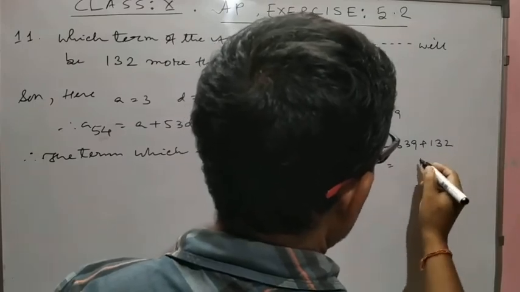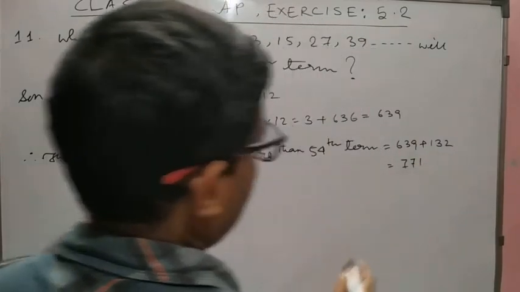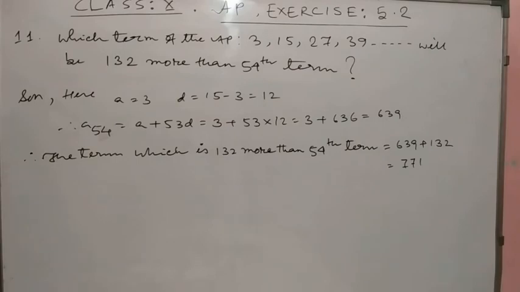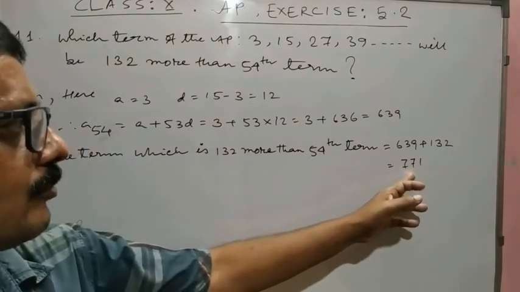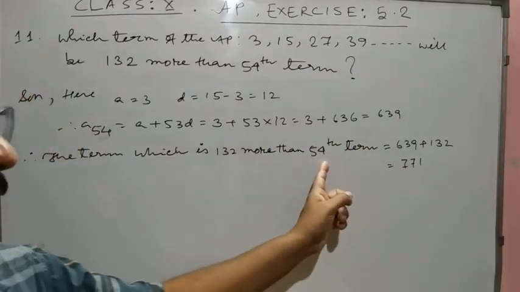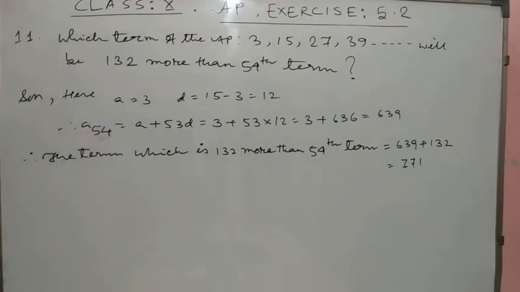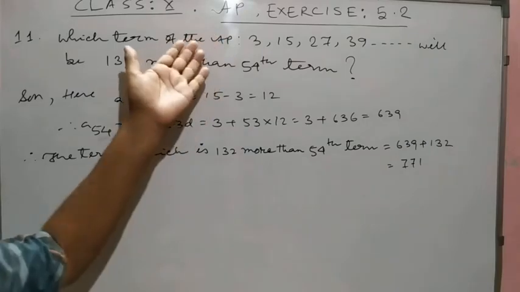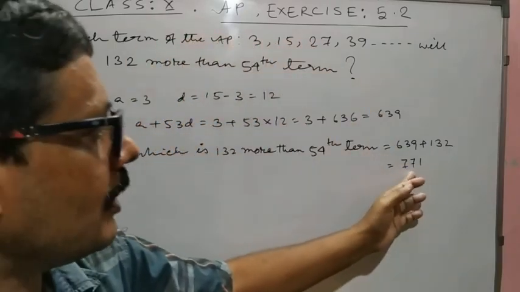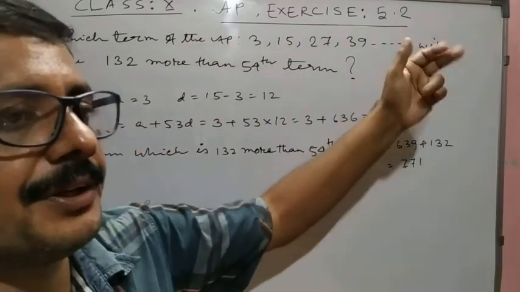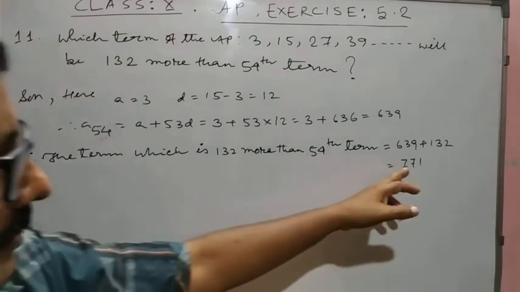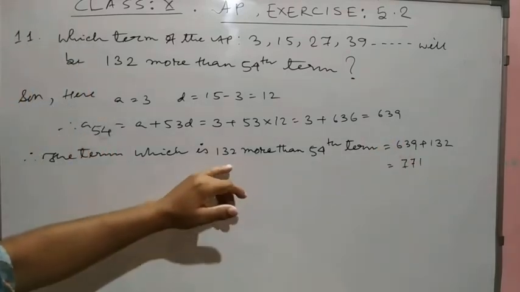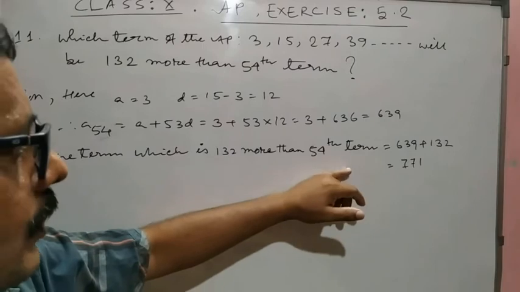So it will be 771. That is, 771 is the term which is 132 more than the 54th term. Now you have to find out which term this is, that is, what will be the position of 771 in this AP.